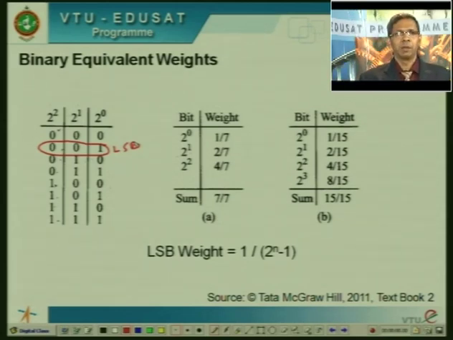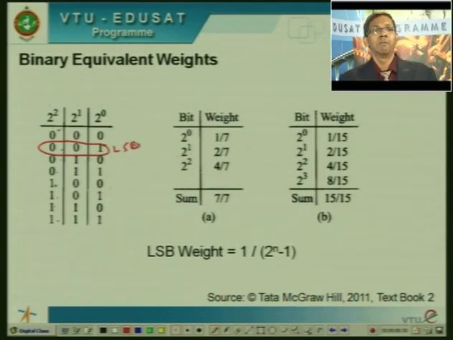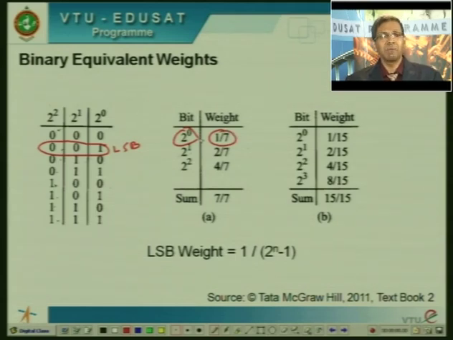So 1 LSB, how can you express that? If you look at these levels here, since we are choosing the levels as 0 volts and 7 volts, 1 LSB will be nothing but 1/7 of this voltage. What I am trying to say is 2 raised to 0 is your 1 LSB, and this is going to have a weight of 1/7.